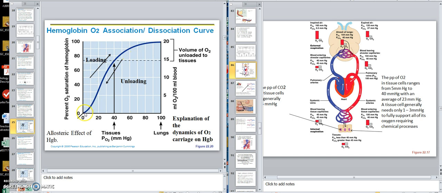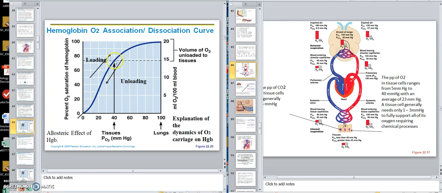Now see how the line is curvilinear? What does that mean to you? That the rate of loading and the rate of unloading change along the way, because the line is curvilinear, which we just talked about. All right. So we load up here.